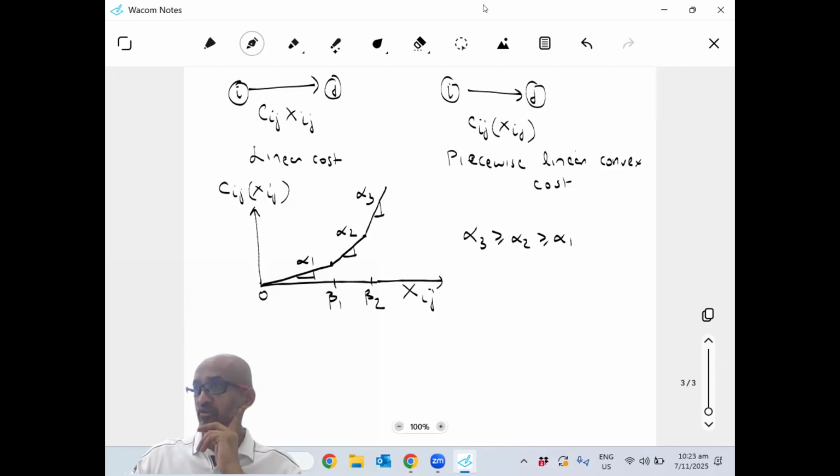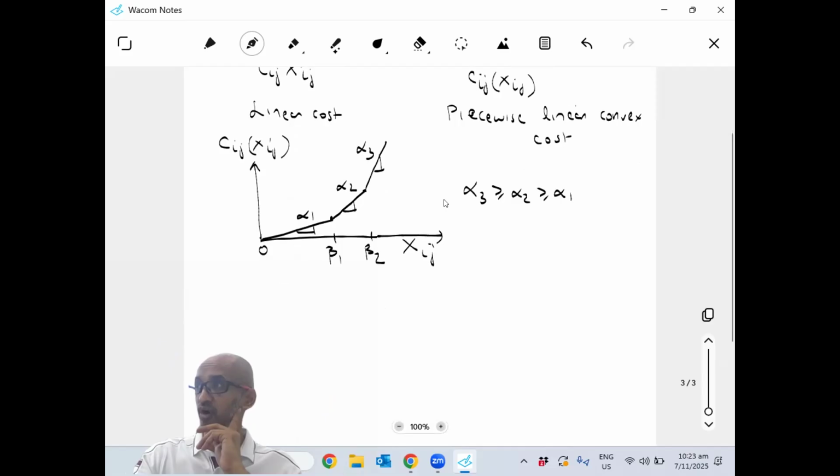So what would you do in this case? How would you formulate this as a network flow problem? So the idea is as many pieces as you have in your cost function, create as many links as that. Okay. So here's a transformation. Take i and j. We've got 3 pieces in this cost, so let's create 3 arcs between i and j.